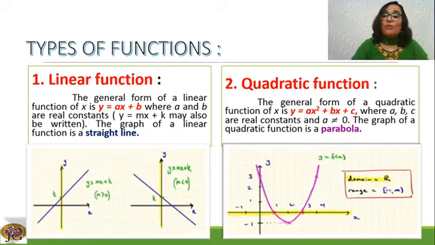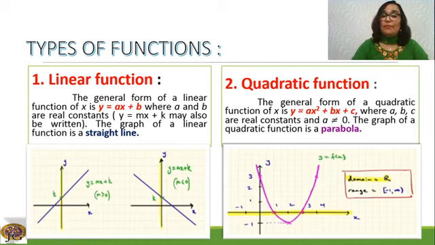And let's come to the quadratic function. How is the graph of a quadratic function? If you see over here, the graph is something like this shape, and this is known as a parabola. So how will you know it's a quadratic function or a linear function? Simple. If the maximum power of your general form has the power 1 and it's a straight line, it's called a linear function.